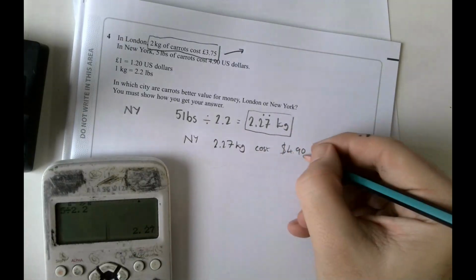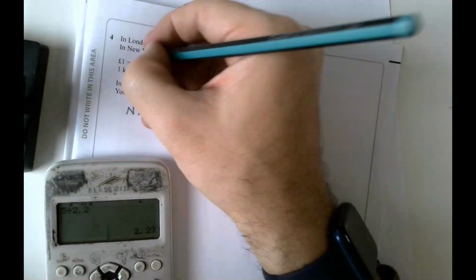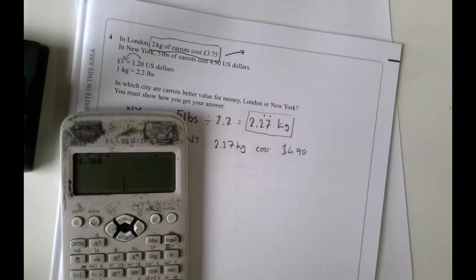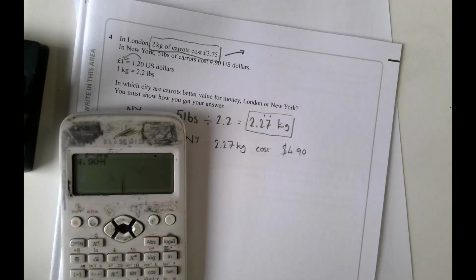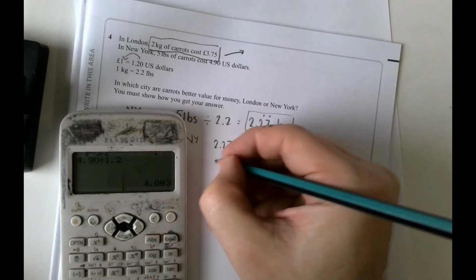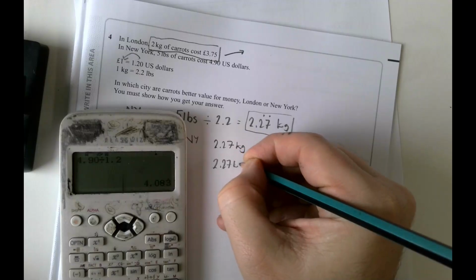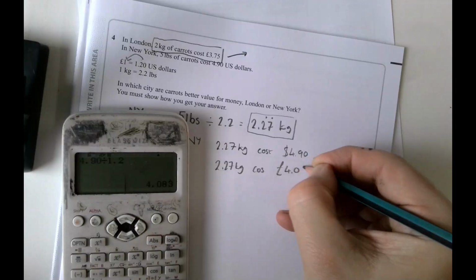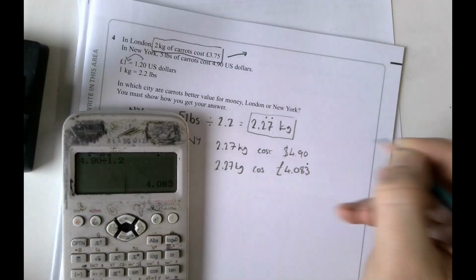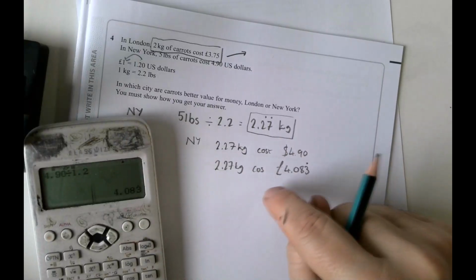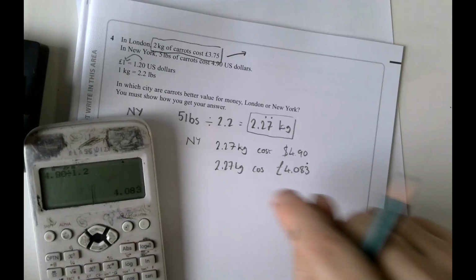To go from dollars to pounds, I'm going to divide by 1.2. So $4.90 divided by 1.2 tells me that 2.27 kilograms costs £4.08 or so. 2.27 kilograms cost me that.